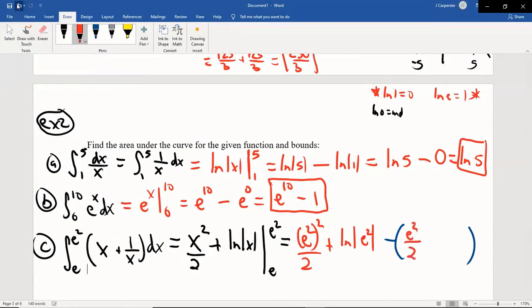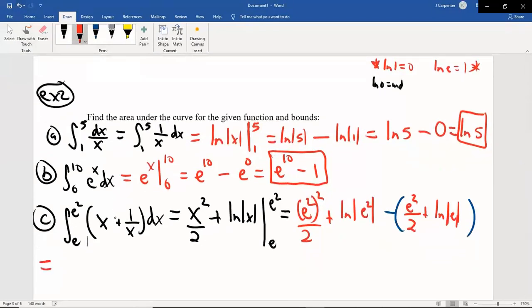It's not e squared squared anymore, so we're just plugging an e in here. And then plus the natural log of the absolute value of e. Looks like an L, the natural log of the absolute value of e. Extend your absolute value bars however much you have to, to make sure you can tell those are absolute values and not more L's or 1s.